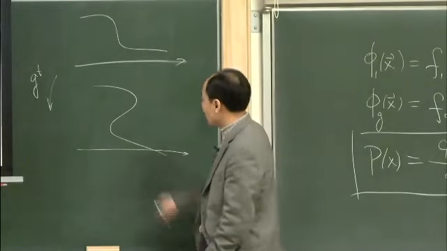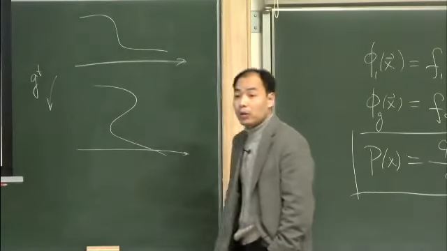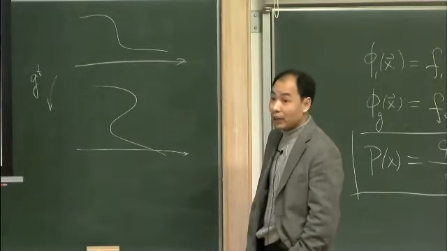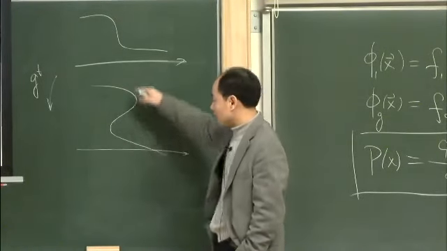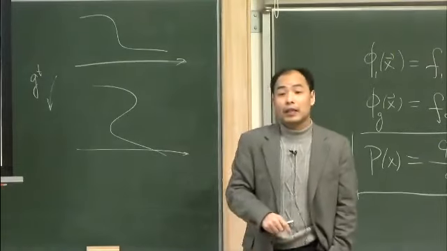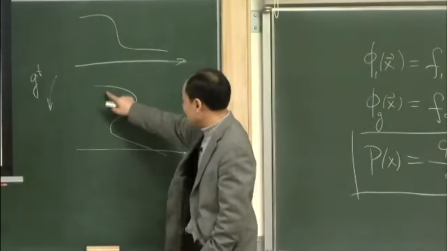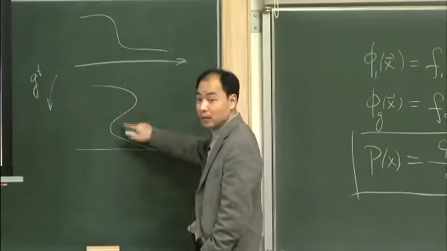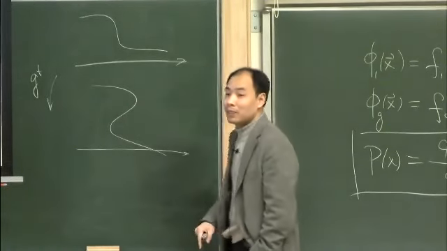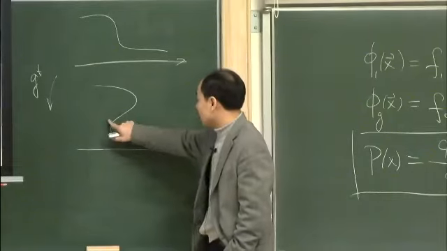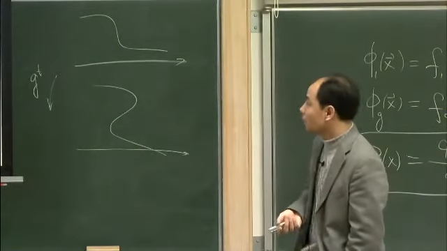Later on, this curve will be multi-valued if you insist on projecting it onto the coordinate, the real space. You can see in this region, this phase curve becomes multi-valued. And these two points are just the two caustic points, right?